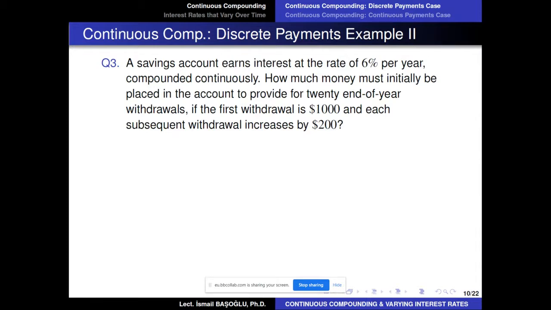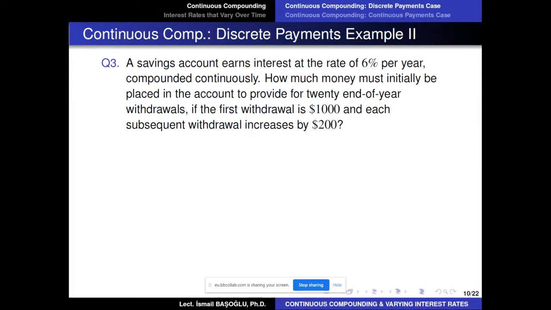So we need to use the new table if we want to use the extended notation, or the new formulas if we are going to directly use formulas. But the nominal interest rate per year is 6%. Remember, the nominal interest rate is always annual, the yearly interest rate.